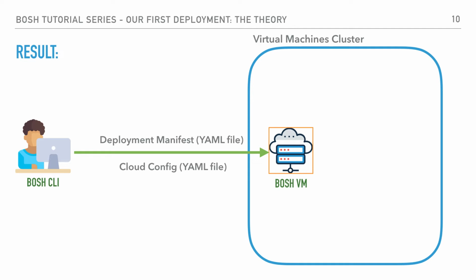So first we're going to upload that cloud config file. We're going to save it in the BOSH VM through the CLI, and then we're going to initiate a deployment by providing a deployment manifest that will tell BOSH, this is the desired state that we're going to have, please make it happen. So we need to provide those 2 YAML files through the BOSH CLI to the BOSH director in the BOSH VM.